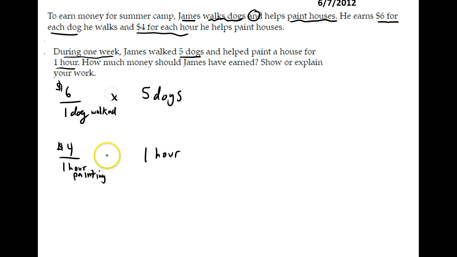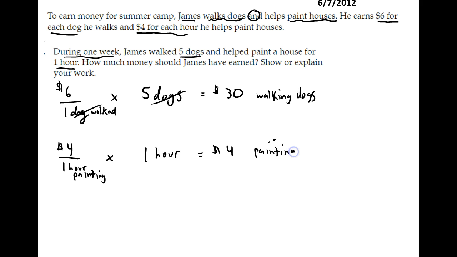And we multiply. And then we get that he makes $30 walking the dogs. And we get that he makes $4 painting the house for that 1 hour.